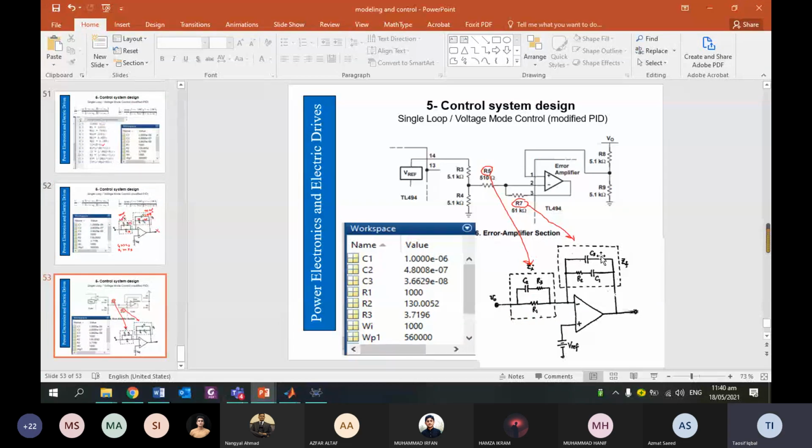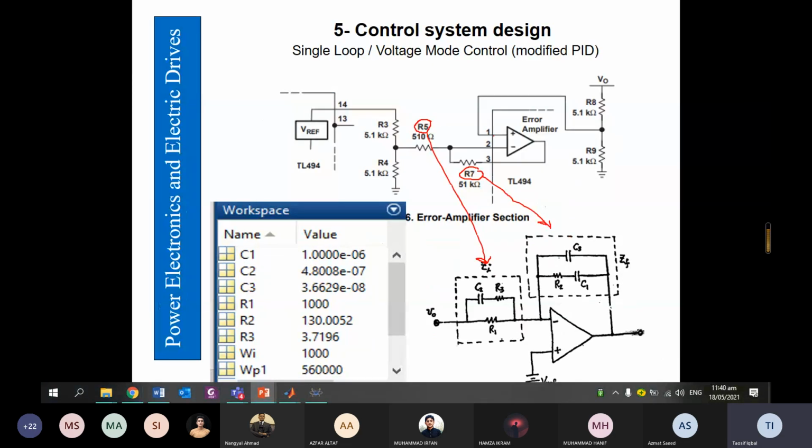You can see from the datasheet of TL494 how we can find out where we should connect the R's and C's that we have already found. In the error amplifier section, the value of R_S indicates input impedance, and the value of R7 is going to be replaced by the feedback impedance.